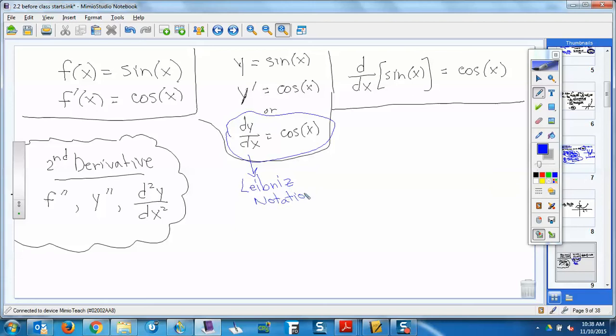Now, Gottfried Wilhelm von Leibniz is one of the two people that are credited with developing the ideas that are calculus, along with Isaac Newton. You've probably heard of Isaac Newton. Leibniz, maybe.